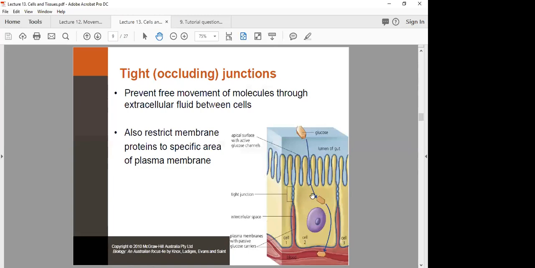So that is active transport of glucose into the cell against the glucose concentration gradient. And then on this side of the epithelial cell, there are passive glucose membrane transporters. So glucose simply moves passively down its concentration gradient from high concentration inside the cell to low concentration in the bloodstream. So the tight junctions also function to restrict the membrane proteins to a specific area of the plasma membrane.